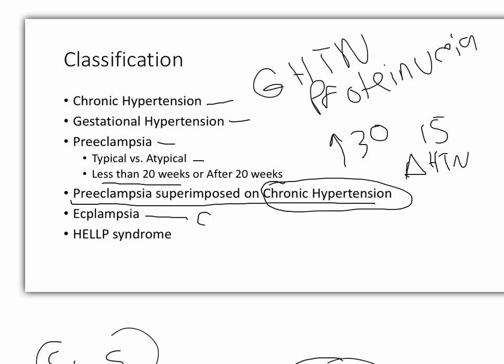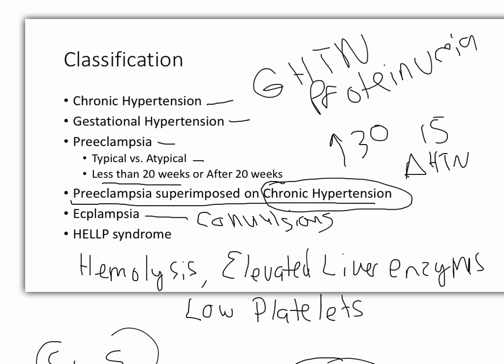Eclampsia is whenever you get convulsions or seizures due to preeclamptic pathology. Then lastly, there's the HELLP syndrome. HELLP stands for hemolysis, elevated liver enzymes, and low platelets. So thrombocytopenia, transaminitis, and hemolysis.